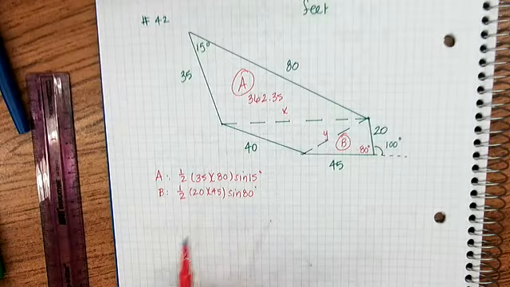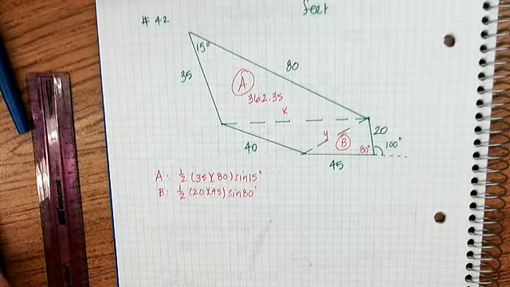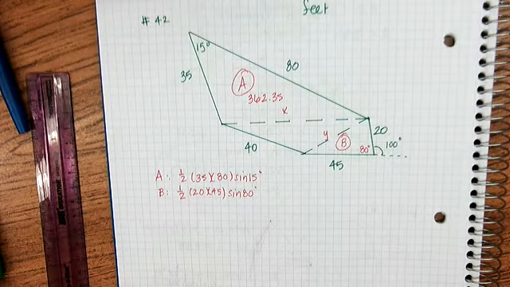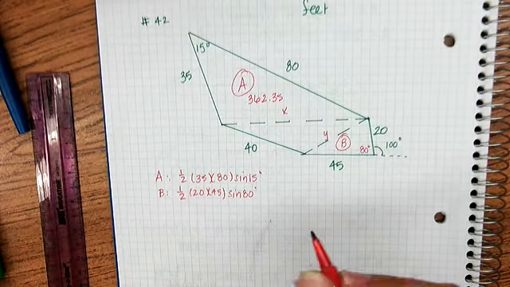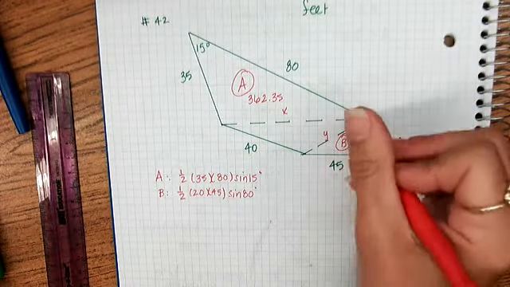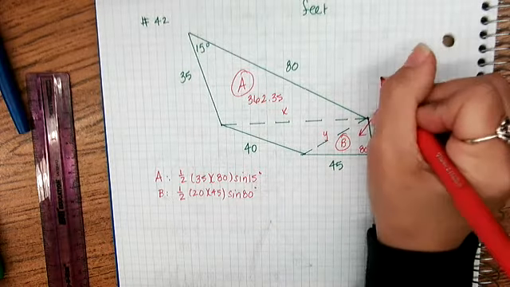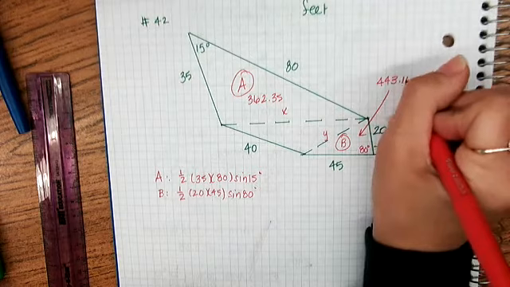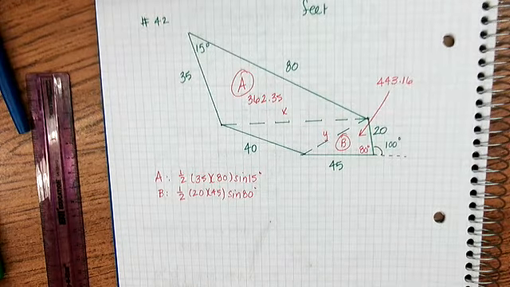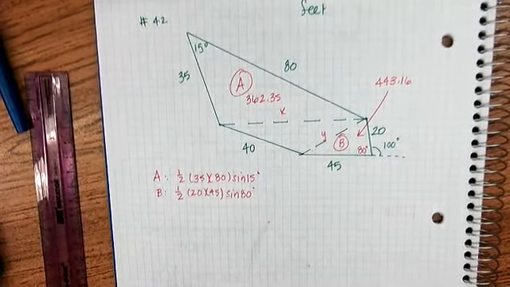So this is 450 sine 80. 443.16. Okay, and we're in feet here, square feet. This is not very focused.